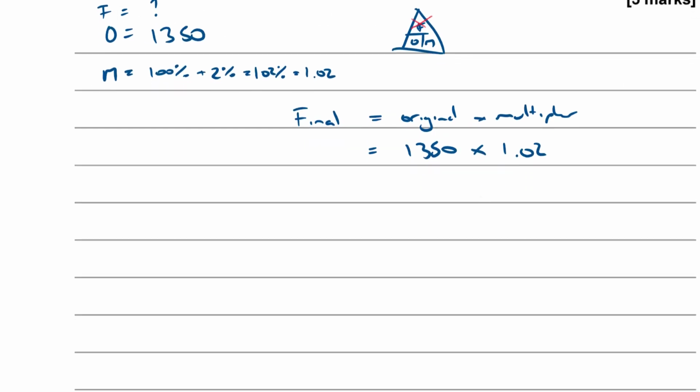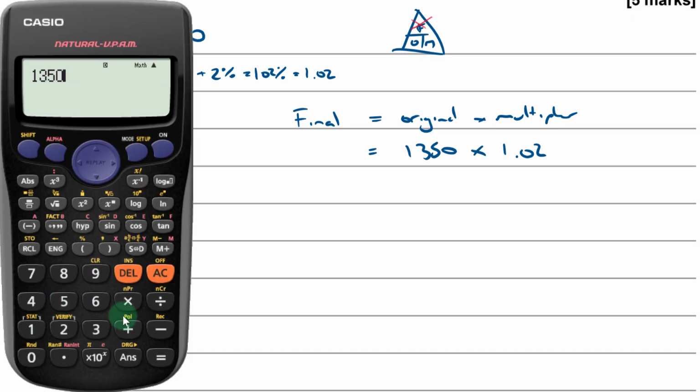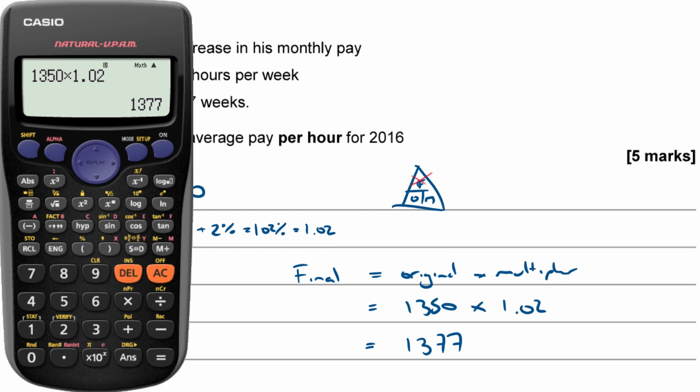What's that then? Calculator, what is 1350 times 1.02? It is 1,377. Okay, so that's his monthly amount. Now, we're told that he works 37.5 hours a week for 47 weeks. Okay, so what do we need to do now? So we know he's been paid 1,377 per month.